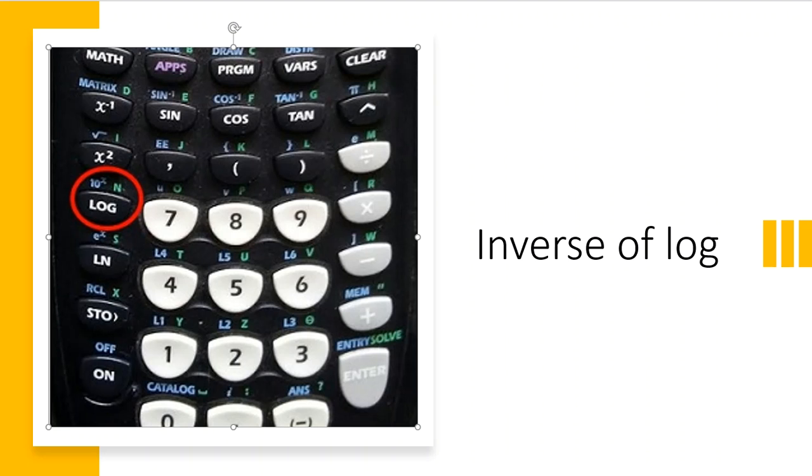If you ever forget what the opposite of log is, go to your calculator, find the log button. It's right there. Do you see it? And the way that these scientific calculators are made, up above it, in the blue, you typically have to hit that second function button in order to get to that.